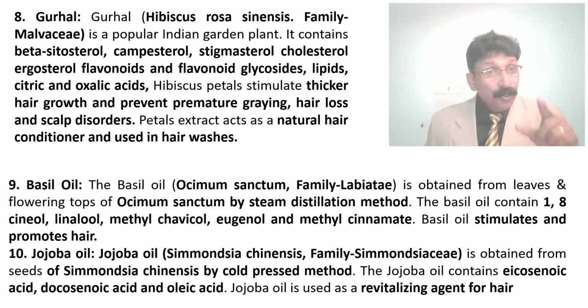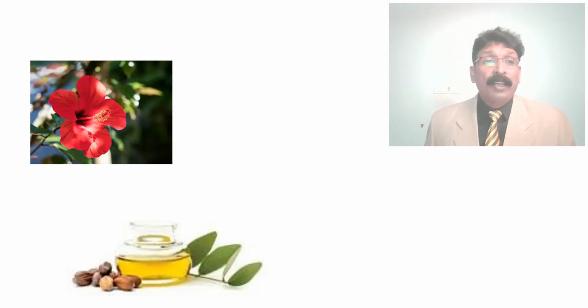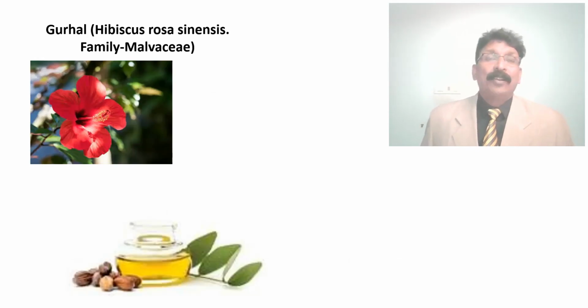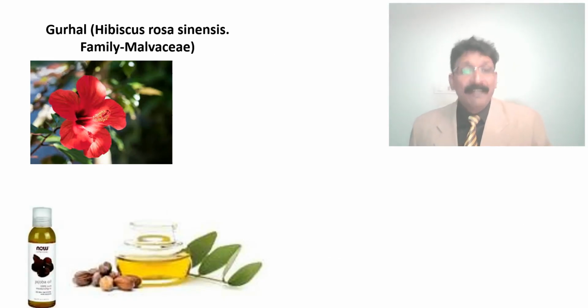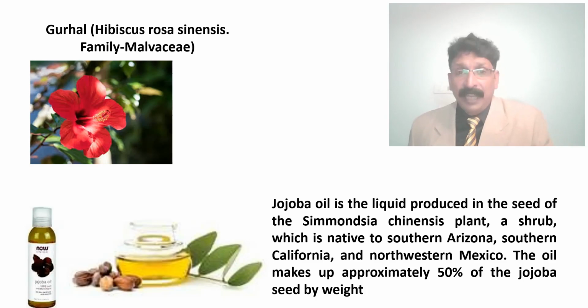So you should know all these important plants, and this is hibiscus, gurhal, you can say Hibiscus rosa-sinensis, family Malvaceae, and this is the leaf and the nuts of jojoba.